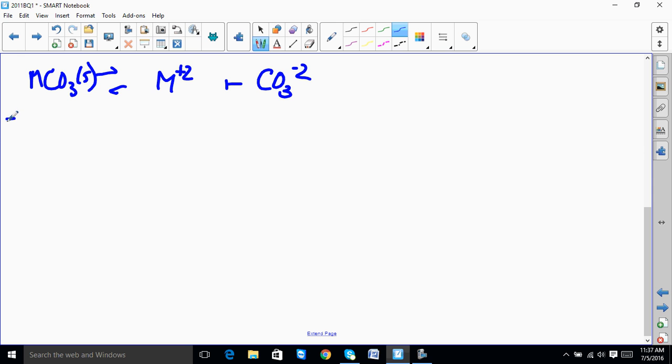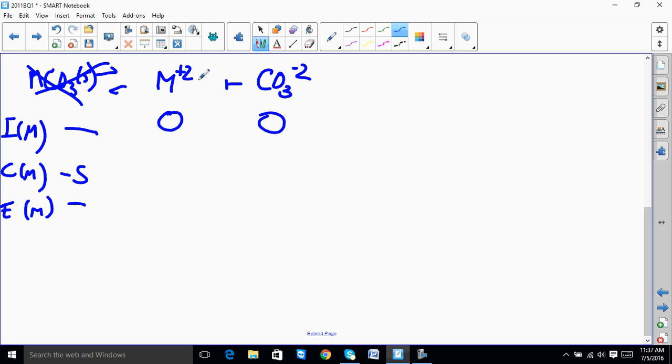And then when I do my ICE chart, we don't really do solids in the calculation, but we call this negative S, because when this stuff dissolves, the solid goes away and converts into dissolved species. And so this is a 1:1:1 mole ratio, so the solid goes down, and then 1:1:1.